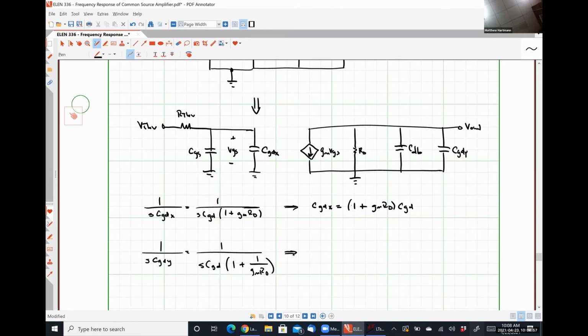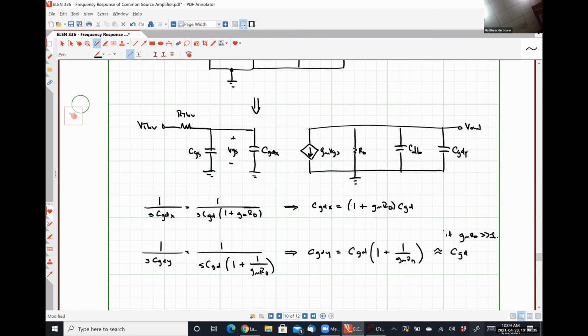And if GMRD is much greater than 1, then this just looks like another factor of CGD tied to our output. So CGDY is going to be CGD times 1 plus 1 over GMRD, and I can say this is approximately equal to CGD if GMRD is much greater than 1.